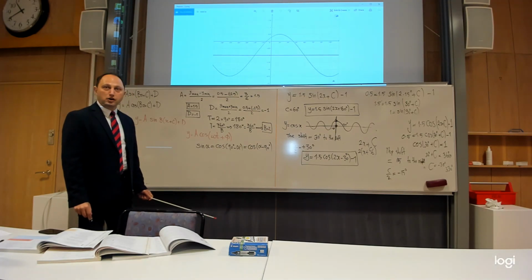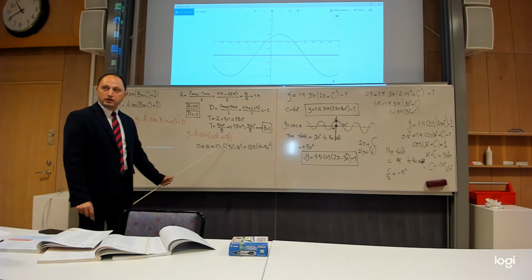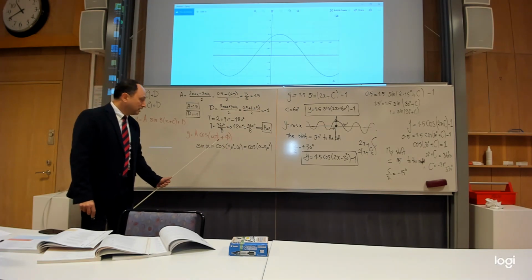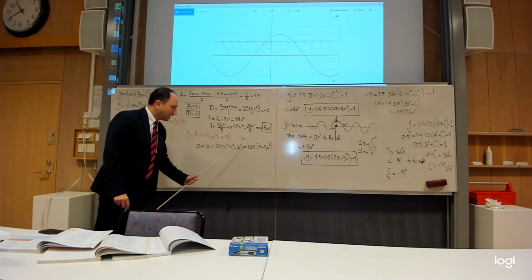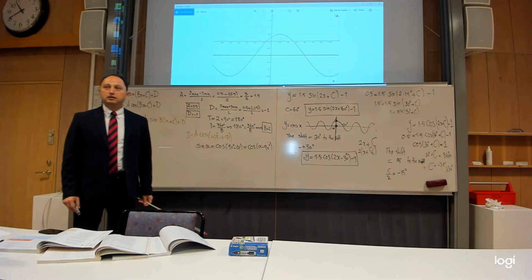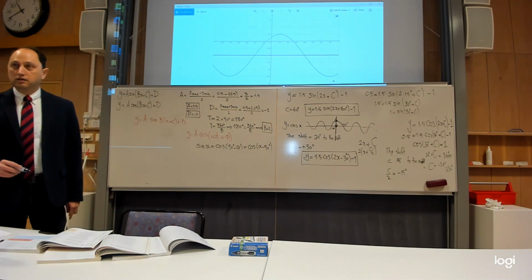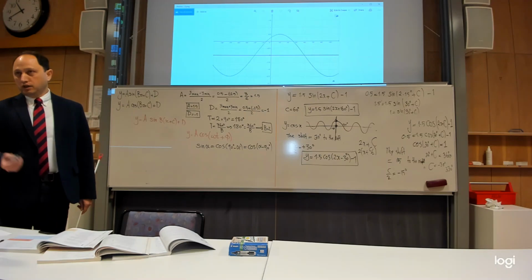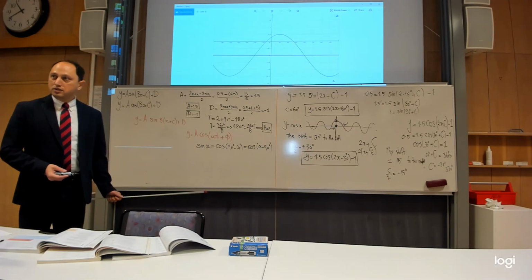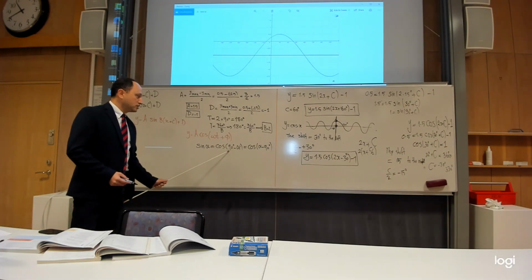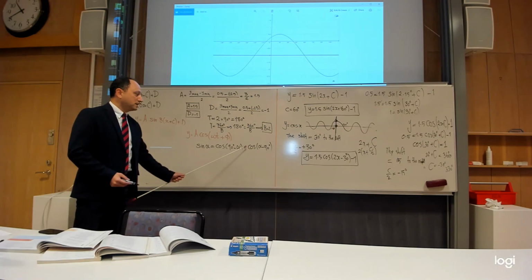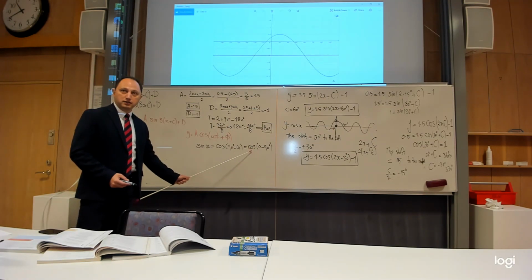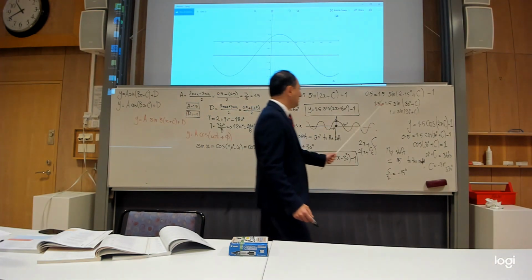If I have a pair of complementary angles, sine of one of them is equal to the cosine of the other one. But here, exceptionally, I can write it the other way around. Why? Because cosine of minus theta is equal to cosine of theta. If I interchange them, I will pick up a minus sign, but this will be absorbed by cosine.